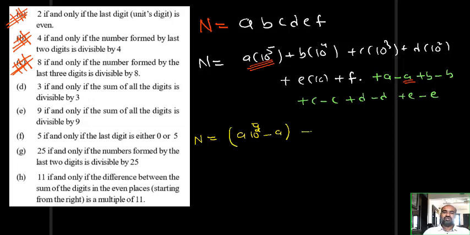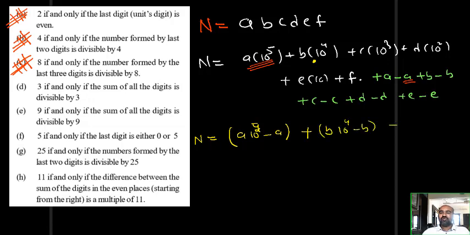Plus next I want to group this with minus B: B into 10 power 4 minus B is grouped.